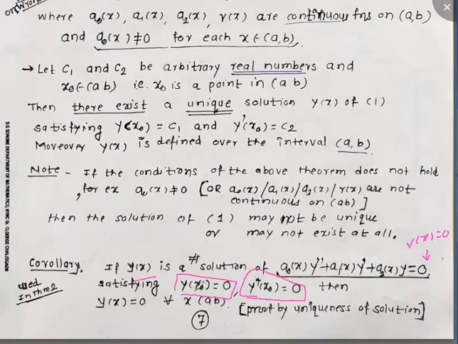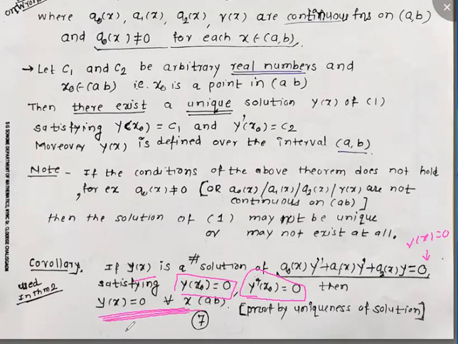That is, at x0 the value of this solution is 0 and at the same point x0 the value of the derivative is also 0. Then this solution is 0 for all x, or we say that it is identically 0 for all x.